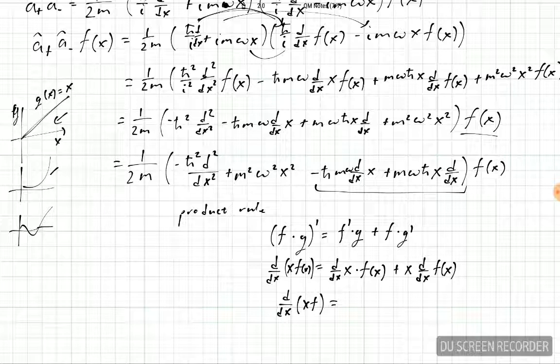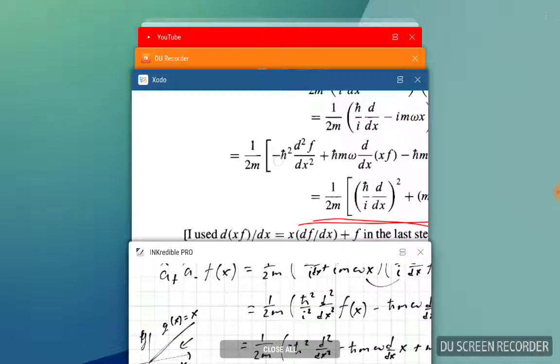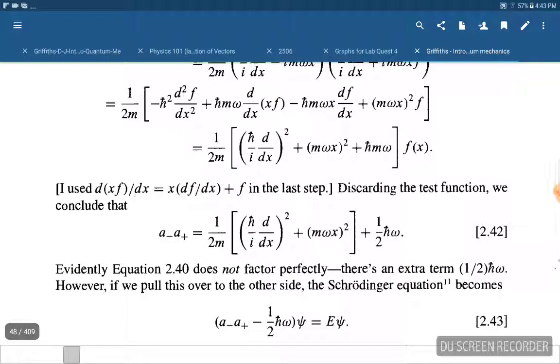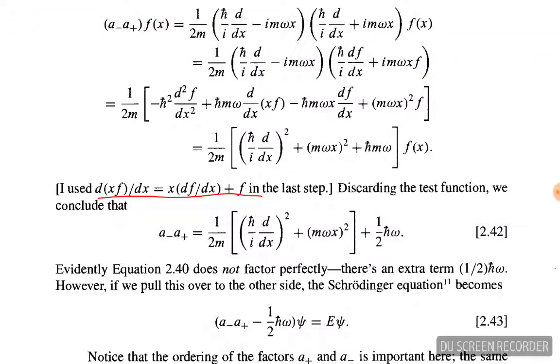My slope is just a 1. So what I have is x times my derivative of f plus just f. That's the way he wrote it in the book here, just a little aside, even though, you know, if it wasn't obvious to you, I don't think you're alone there.